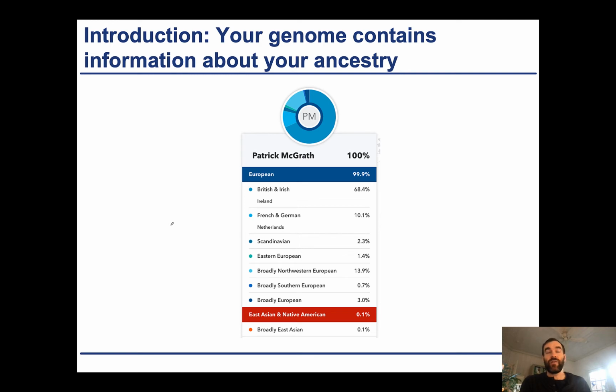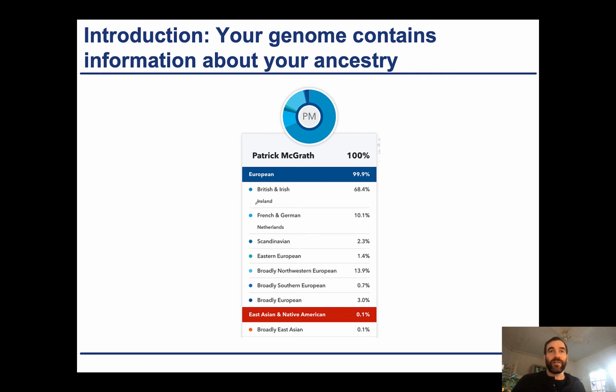23andMe is a company that takes a saliva sample and uses it to genotype a large number of alleles that exist within our cells, and it uses that to infer things like ancestry. I have my ancestry report, which reports I'm 99.9% European.